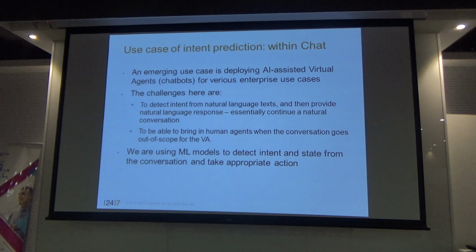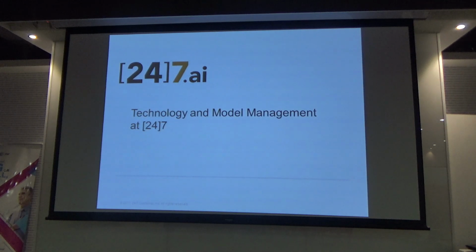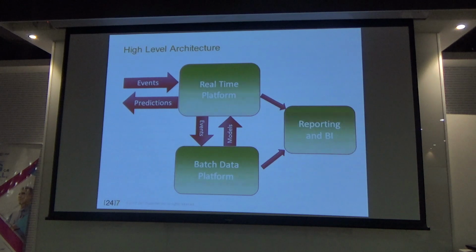But these are some of the models that we would use this type of platform for progressing our business goals. So let's take a quick look at how the technology looks for this purpose.